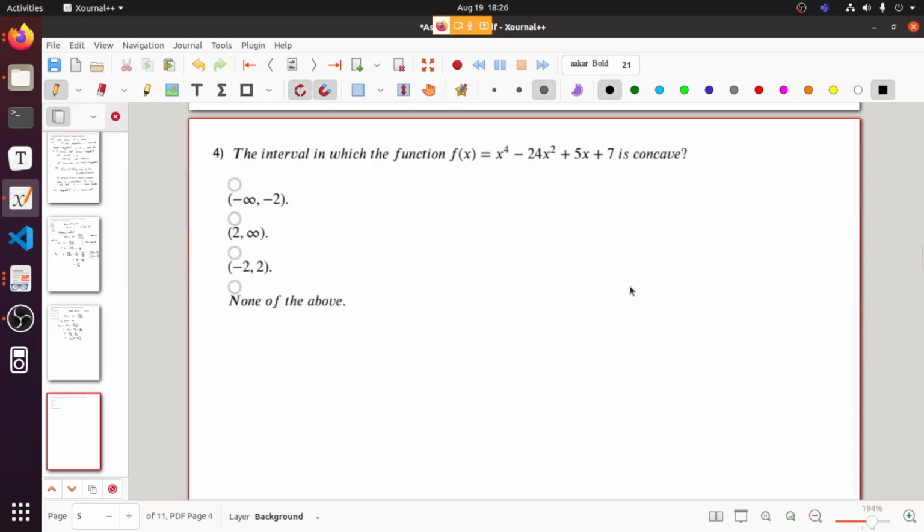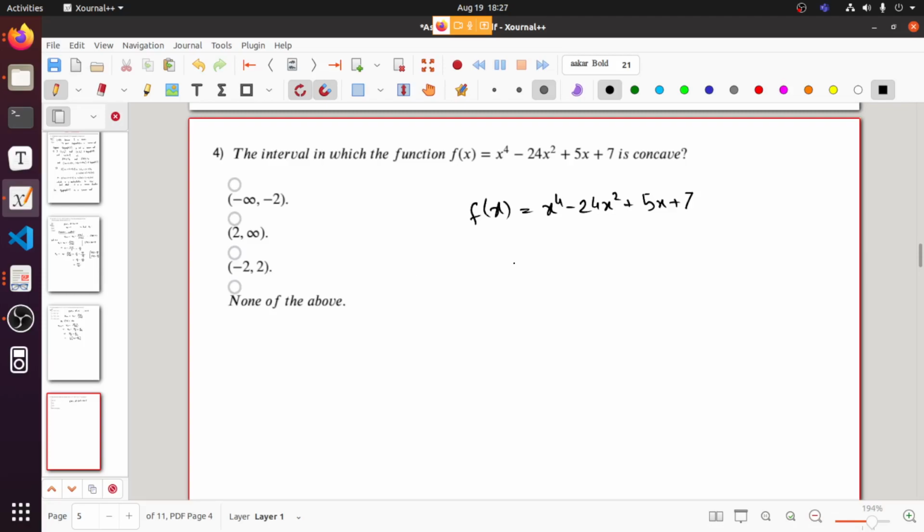Problem number 4. What is given? f of x is x to the power 4 minus 24x square plus 5x plus 7. You have to find the interval where f will be concave. Because this is a polynomial, a smooth function, it's enough to check in terms of its double derivative, right?